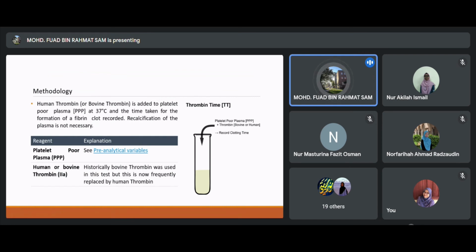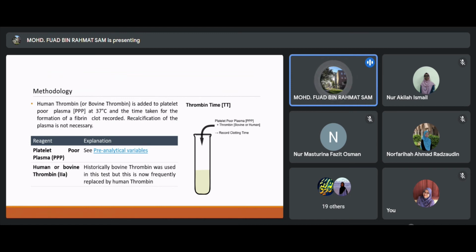So historically, bovine thrombin was used in this test, but is now frequently replaced by human thrombin. Sebelum ni kita gunakan bovine thrombin. Kenapa bovine thrombin? Because lebih mudah untuk dapatkan bovine thrombin as compared to human thrombin.